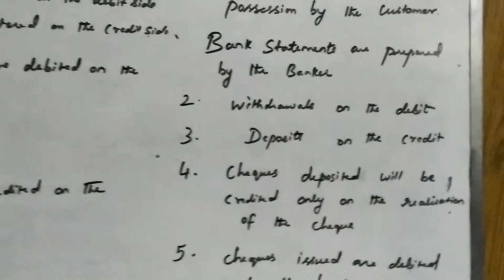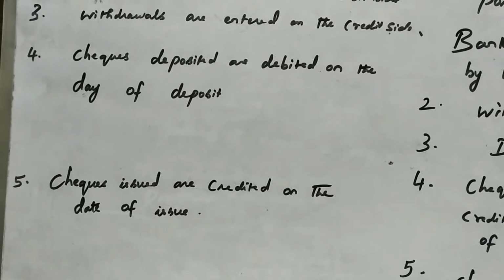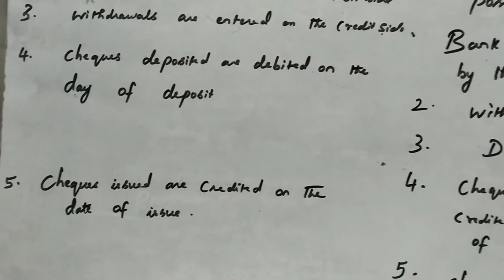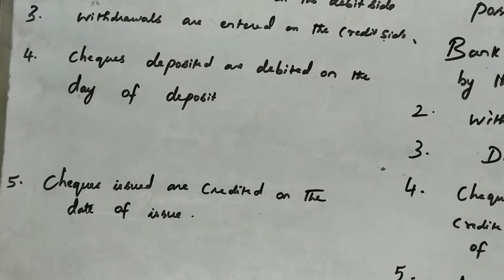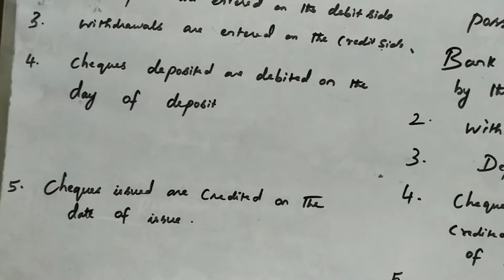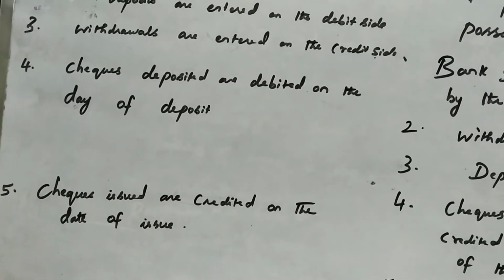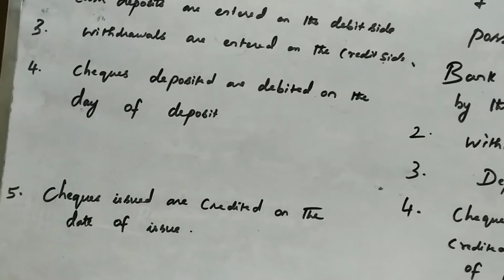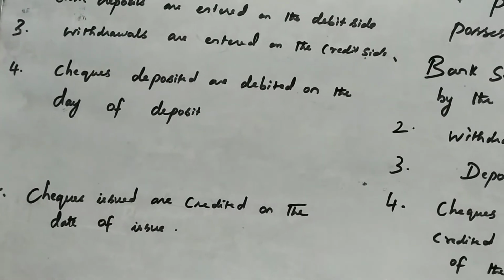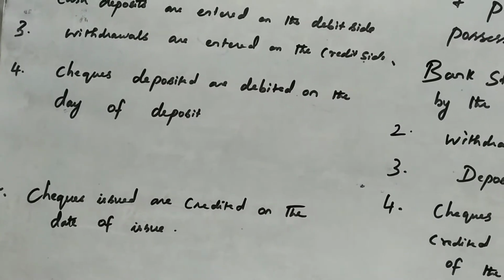Right? Then the next point, checks issued are credited on the date of issue. The previous case, we have received a check from our customer. Now, we are going to issue a check. We are making a payment to our supplier. So now, for example, I am issuing a check to my supplier. So when I am making a payment, all the payments in the cash book will be shown on the credit side.